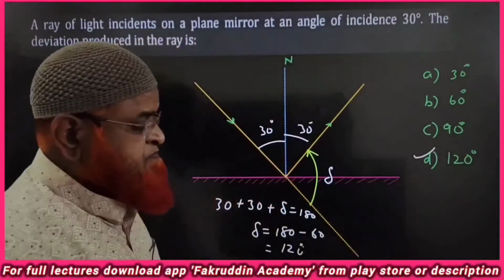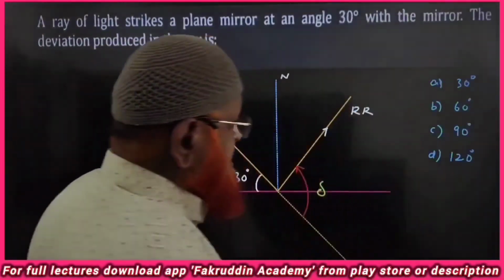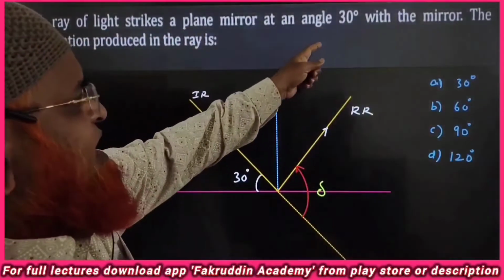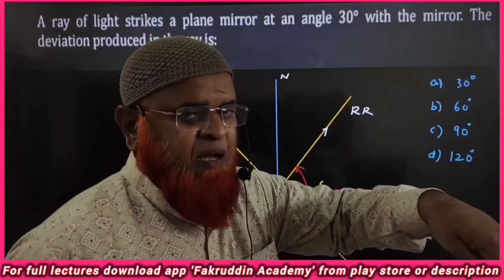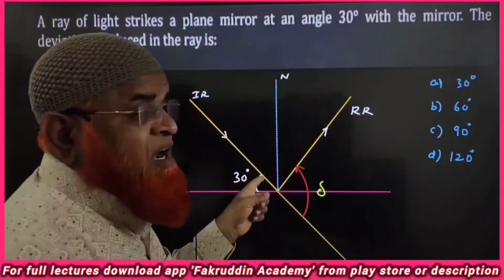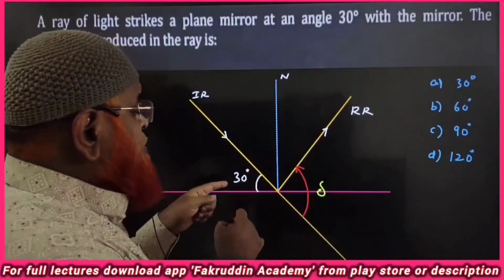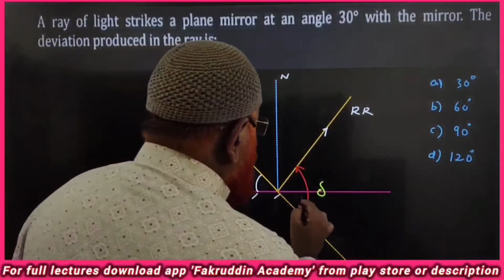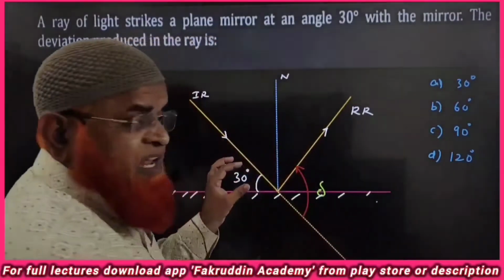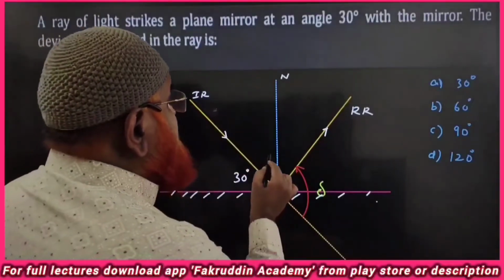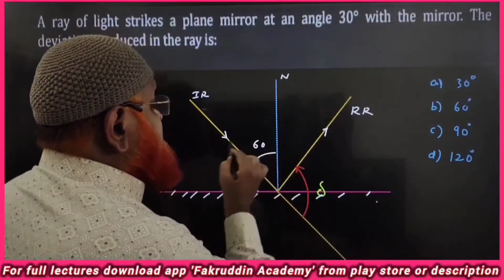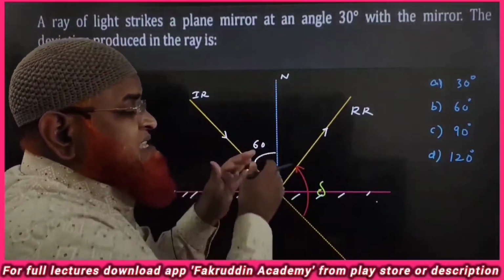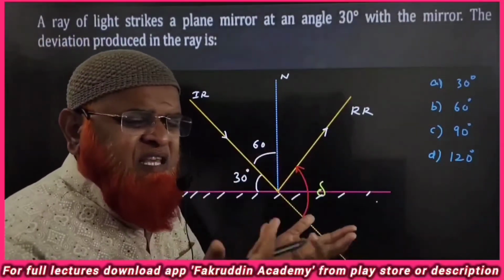This is one question. Then let us go for the next question. In this question, a light ray strikes the mirror at an angle of 30 degrees with the mirror. Previously it was making 30 degrees with the normal, but now it is making 30 degrees with the mirror. So this is going to be the mirror. With the mirror it is making 30 degrees, which means with the normal it is going to make 60 degrees, because the normal is nothing but 90 degrees.